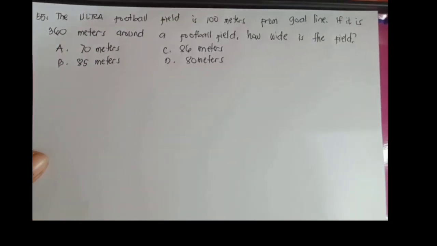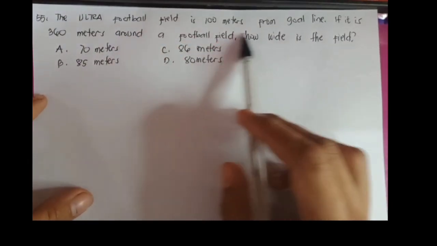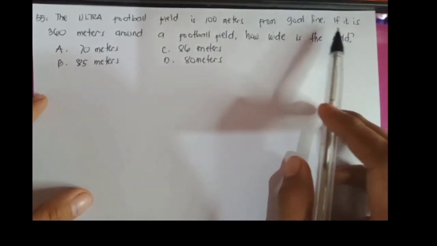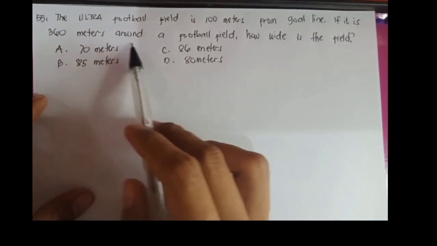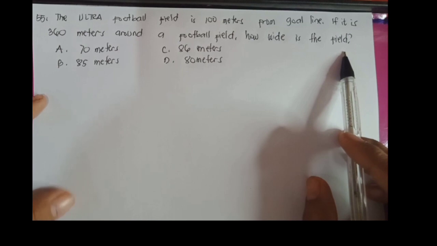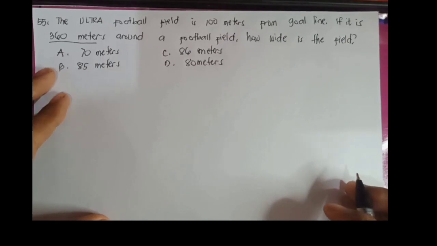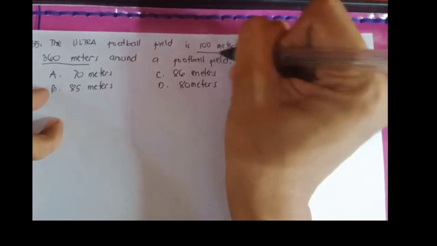Okay, the next question is, the ultra football field is 100 meters from goal line. If it is 360 meters around the football field, how wide is the field? Given here is the perimeter, which is 360 meters, and the length, which is 100 meters.